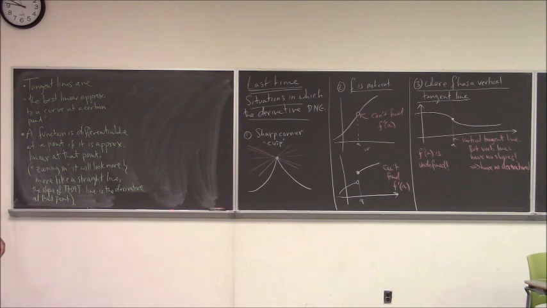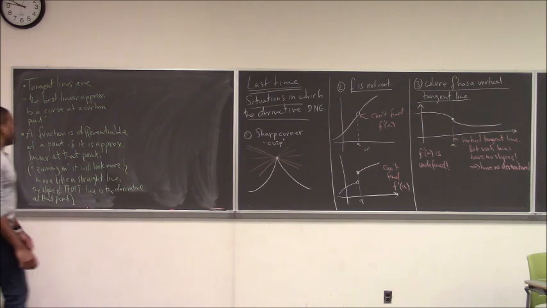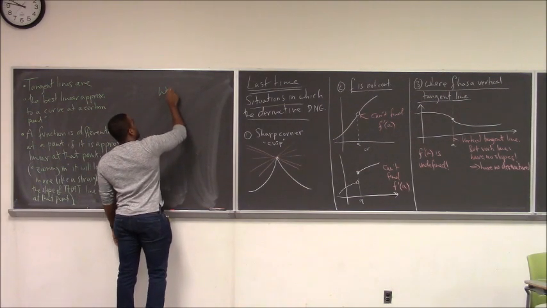And it's possible for such a line to cross a function multiple times, even an infinite number of times, actually. So we can look at a weird example here.